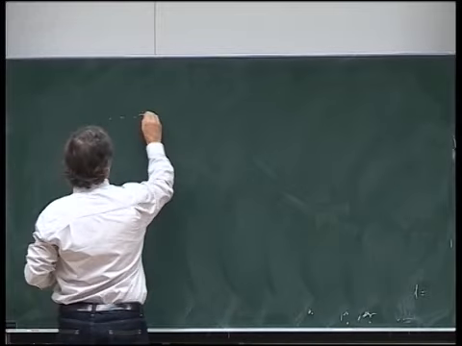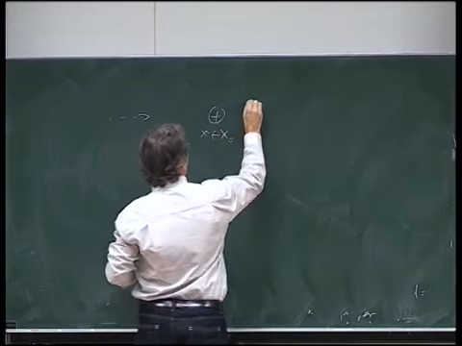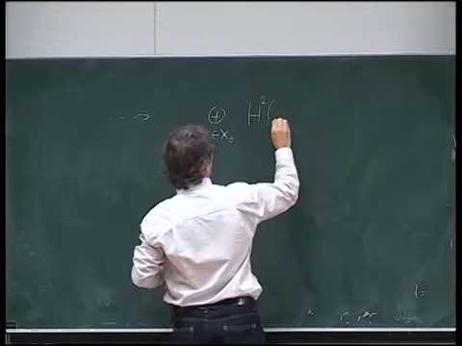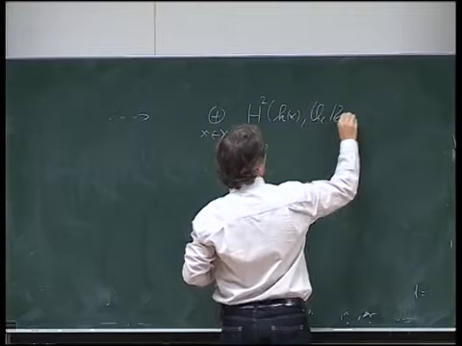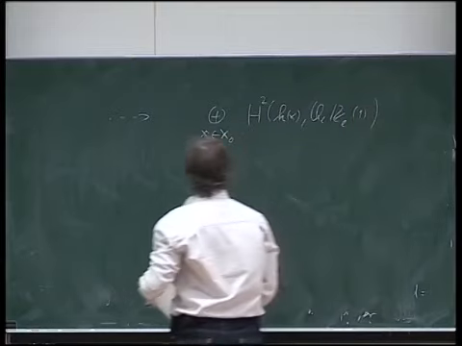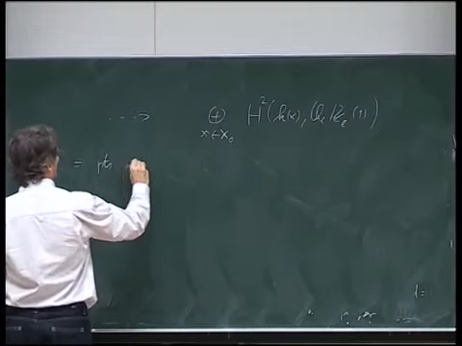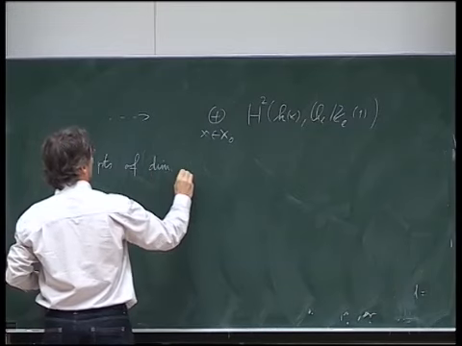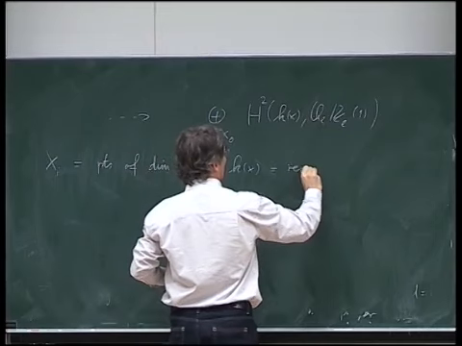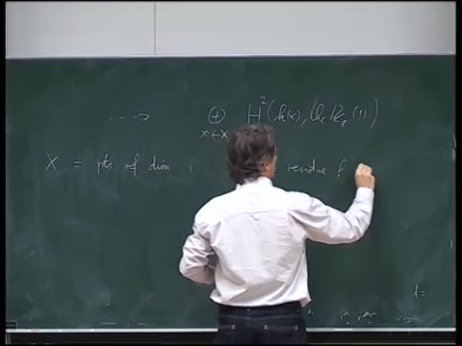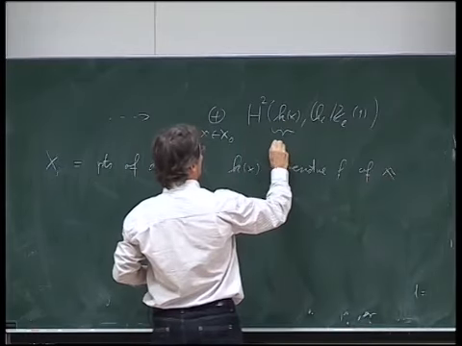And then this goes on and it ends with the cohomology H^2 of K(X), QL mod ZL (1). And here xi are the points of dimension i, and K of X is the residue field of X. So in other words, these are global fields.